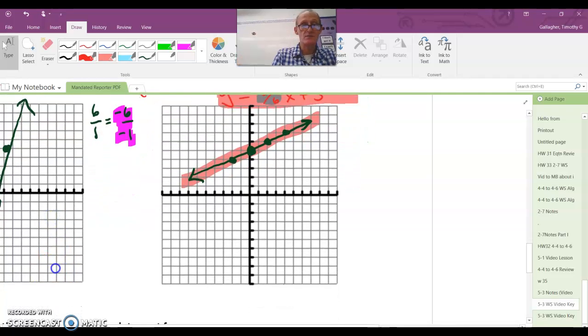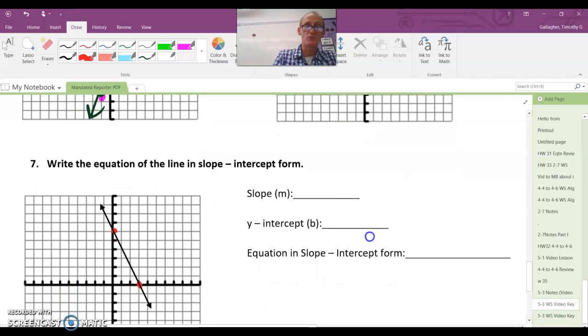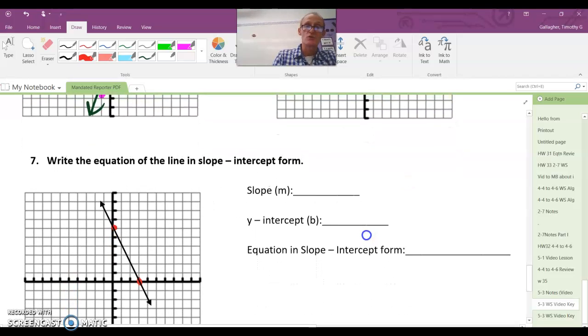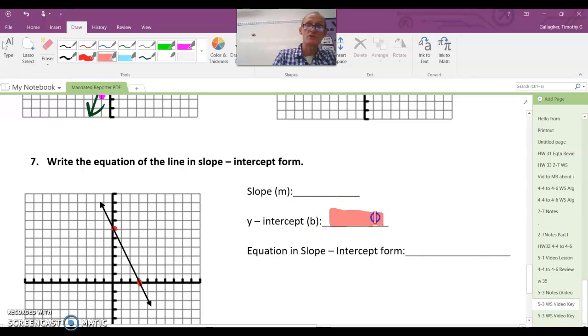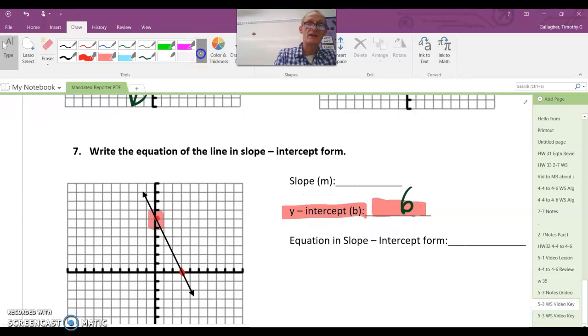All right, moving on, then this one says write the equation of the line in slope-intercept form. So the y-intercept is where the line crosses the y-axis, which is right here. Okay? So that y-intercept is 0, 1, 2, 3, 4, 5, 6. Now, the slope I get from going from point to point.